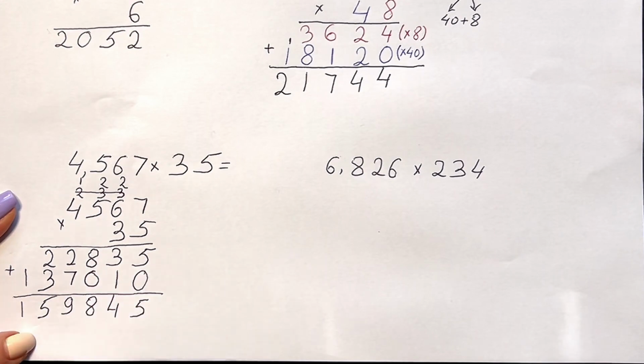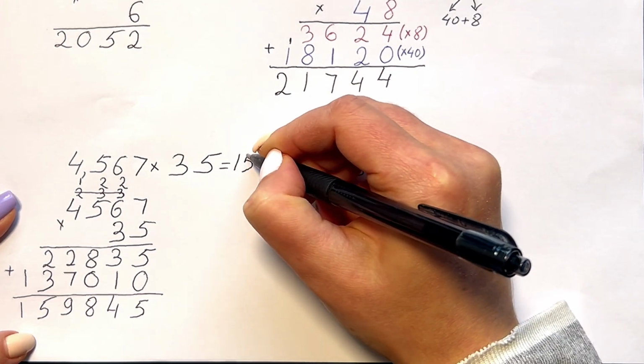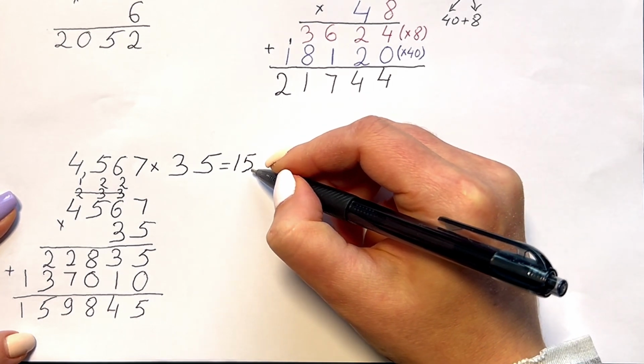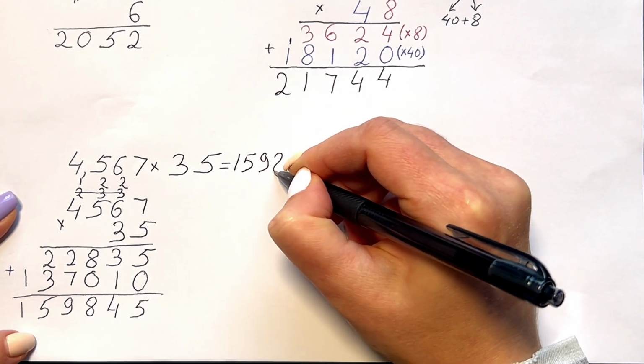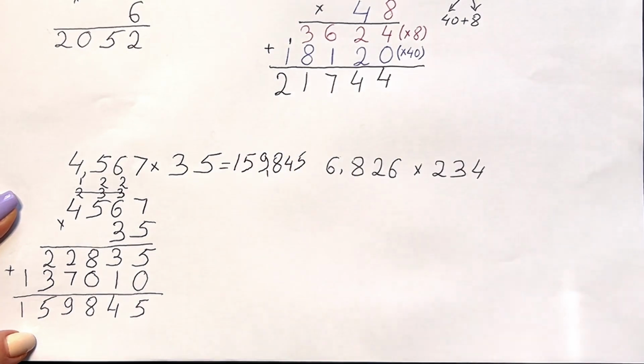And we will bring down the 1. So, 4,567 times 35 is equal to 159,845. Let's do one more example.